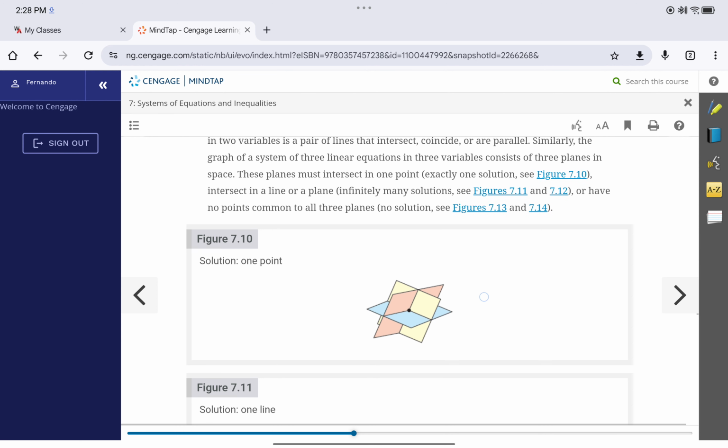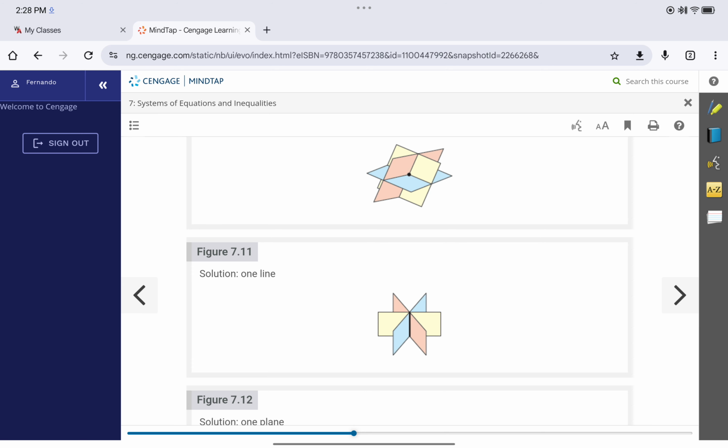So right here, there's three different planes. If you look at it, it's three different colors. And in this case, they touch at only one point, and it's the point that is right smack in the middle. So in other words, that guy right there.